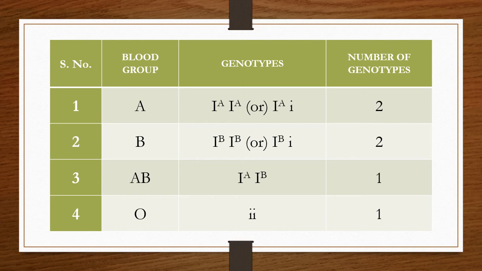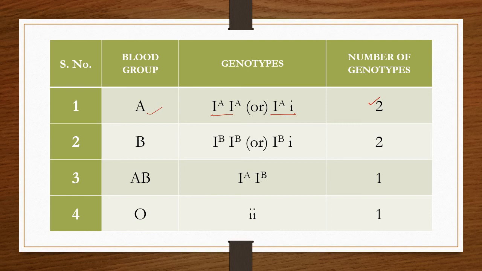Blood group A has two different forms of gene, that is, one is IA IA and another form is IA small i. So the number of genotypes for the A blood group is two genotypes.